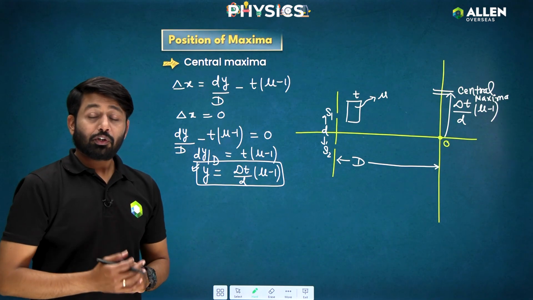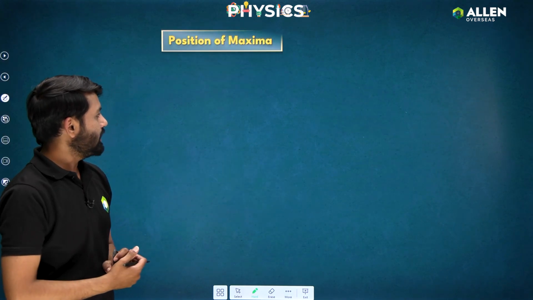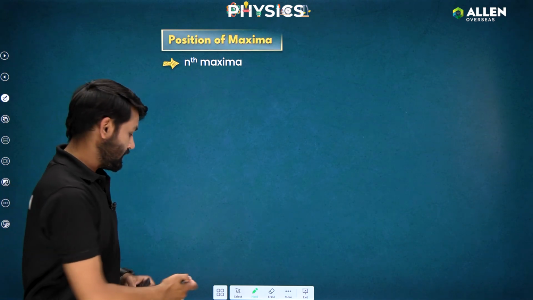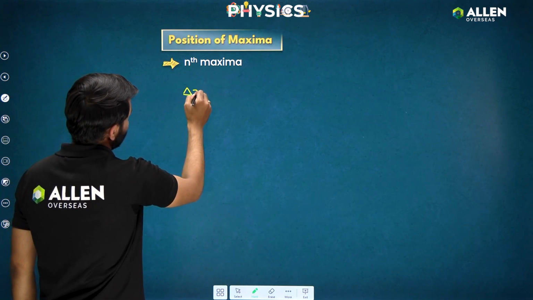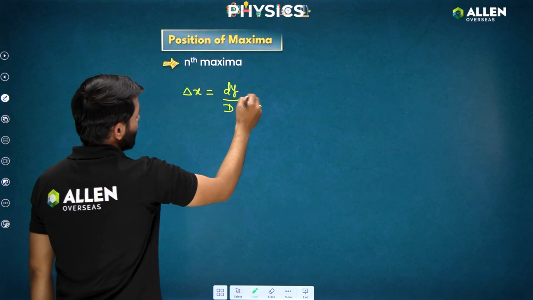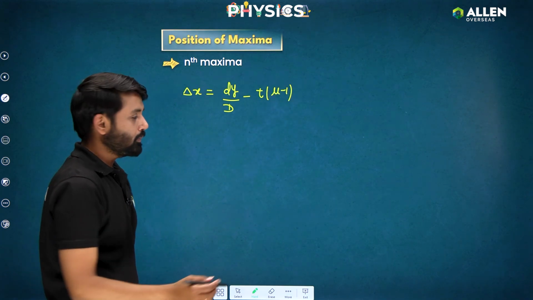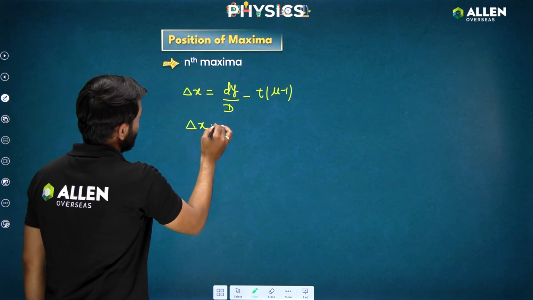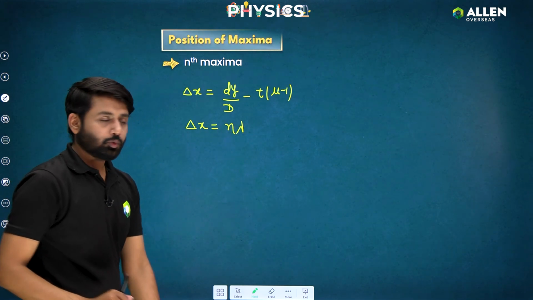You can say, sir, what about other maximas? So let's find out other maxima. We have to find nth maxima. So to find nth maxima, first write delta x. Delta x is dy upon capital D minus t times (mu minus 1). And for nth maxima, your path difference should be equal to n times lambda, right students?